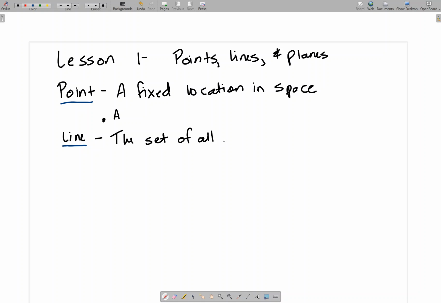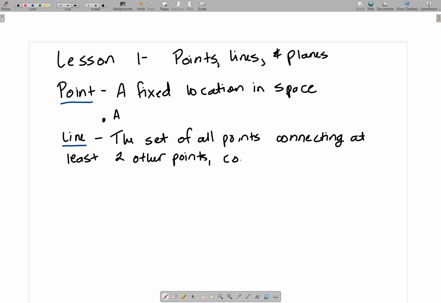The set of all points connecting at least two other points, and then going on forever in both directions. Continuing forever in both directions.